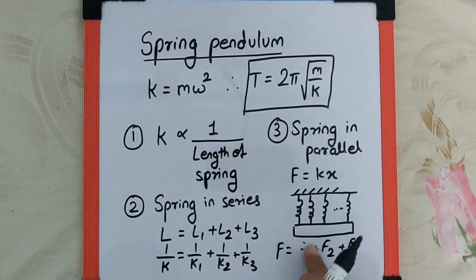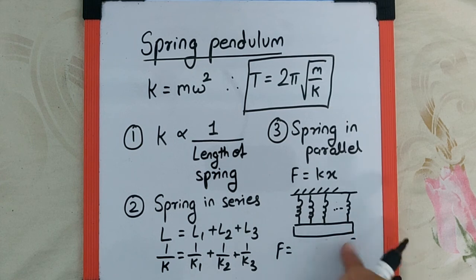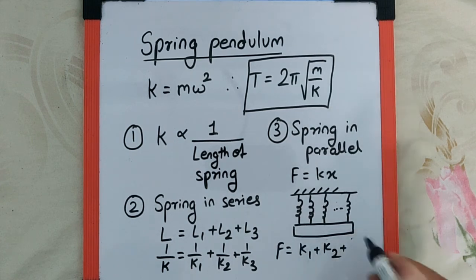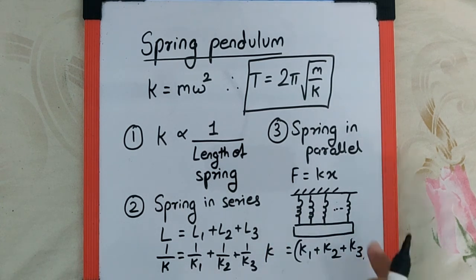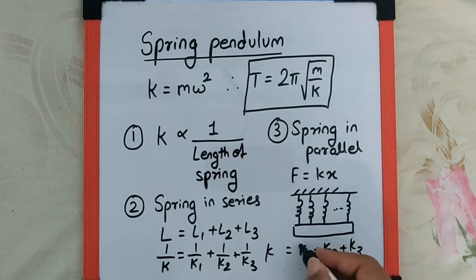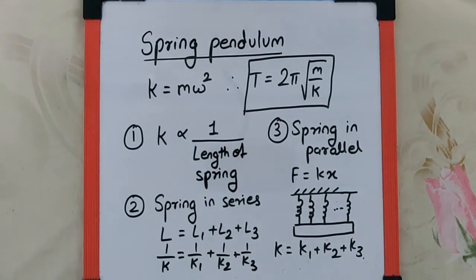Now if we put this over here, we will have K1 plus K2 plus K3 into x, and the force over here as Kx, which means the x gets cancelled. And so we can say for springs in parallel, the equivalent spring constant will be equal to the sum of the individual spring constants.